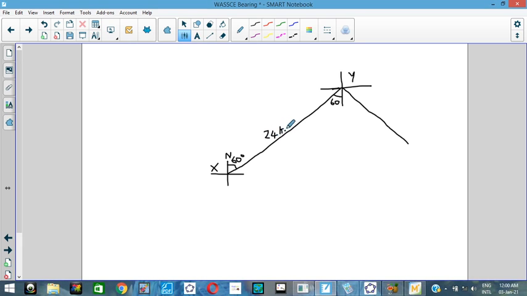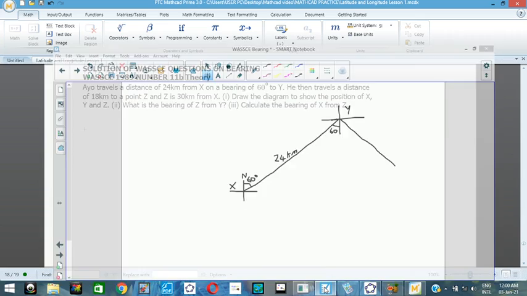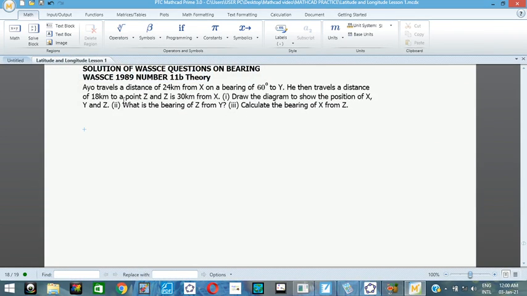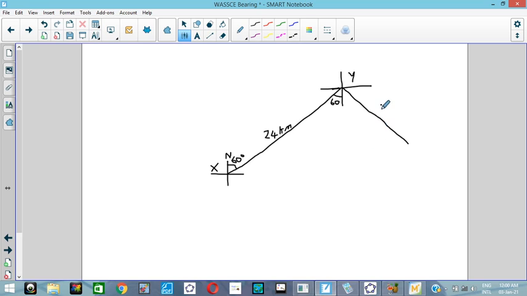So this is 24 kilometers, and the second length is 18 kilometers from Y to Z. So we have 18 kilometers. Alright, so Z is somewhere here. You draw your straight line. Let me make it straight. Draw your straight line. You go. Alright, so this is point Z.